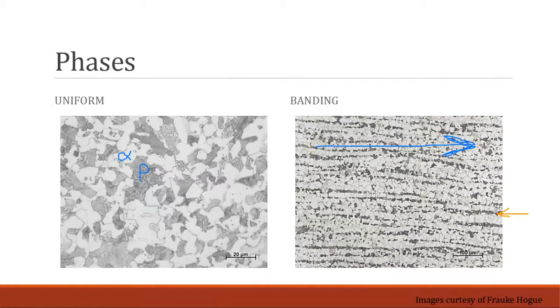And then you have low carbon or carbon poor regions, and I'll make that one purple, and those are regions like this right here, which is essentially all ferrite. So you get that banded grain structure. This is more of the type of structure you would identify with a hot forming process, and I'll discuss that a little bit more in detail as we move to the next images.